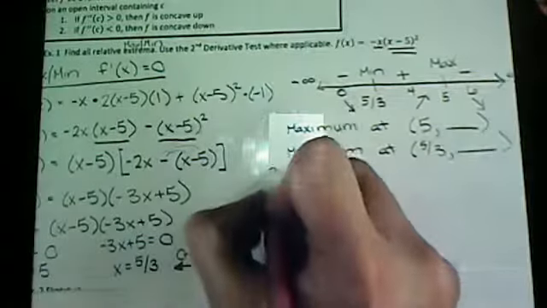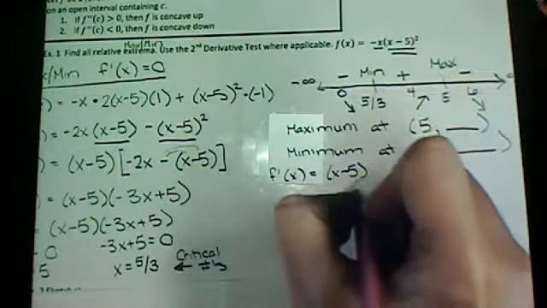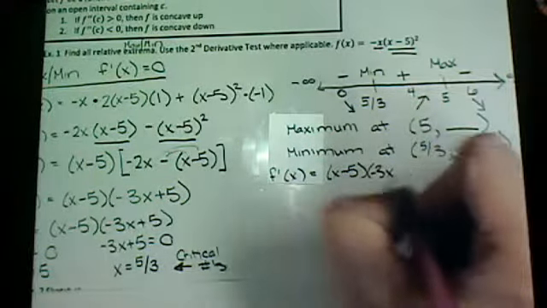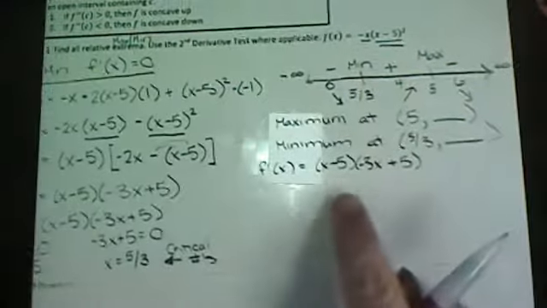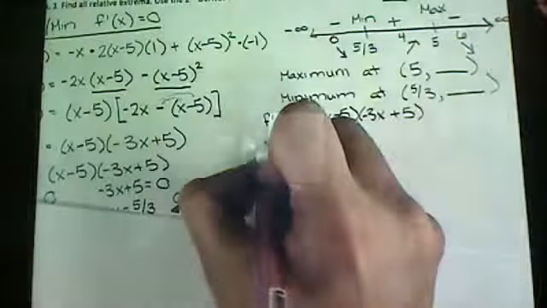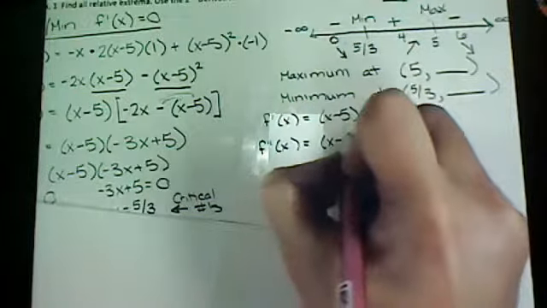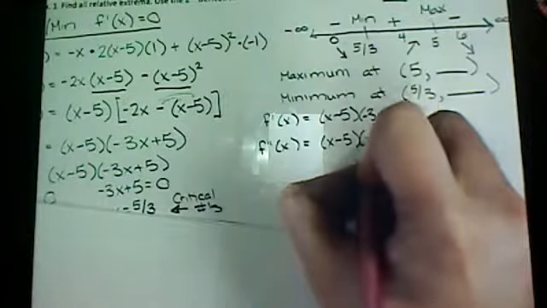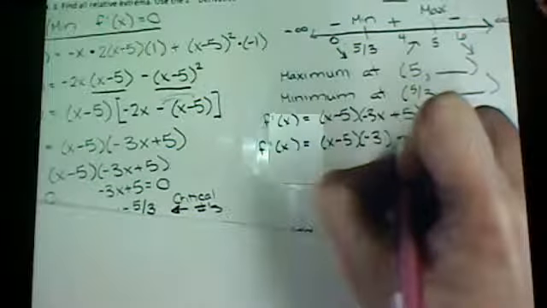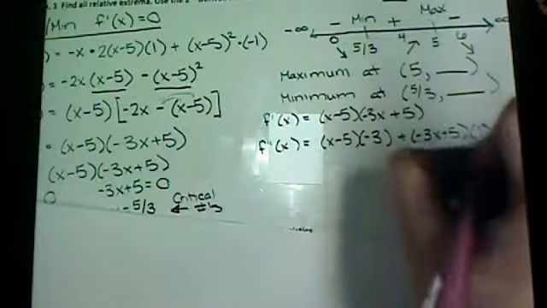So remember, this is the first derivative. We are going to have to use the product rule to take the derivative the second time. So second derivative: first times derivative of the second plus second times derivative of the first.